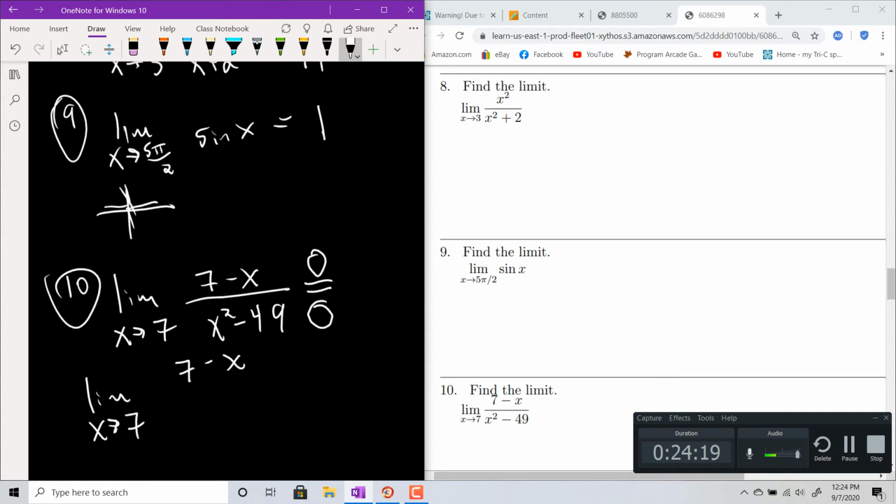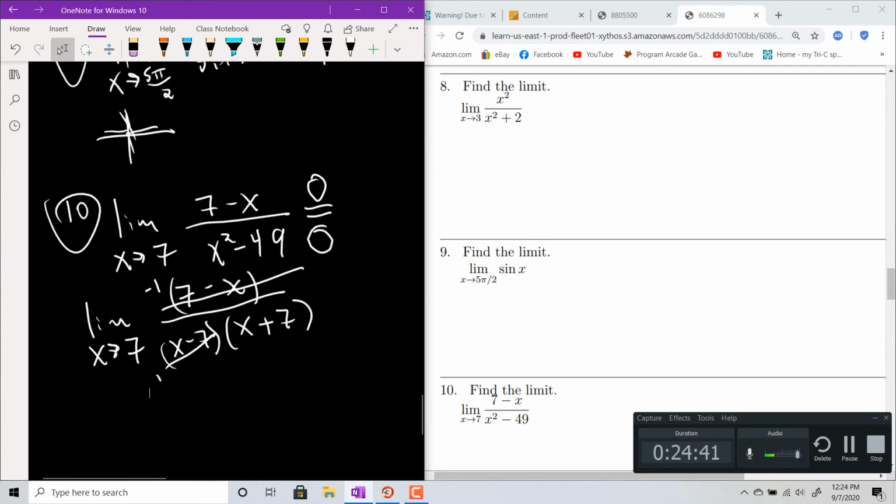The way we do these is to do some algebra. So we factor the denominator. That's x minus 7 times x plus 7. This is where it's a little tricky, because you can remove these factors, 7 minus x and x minus 7, so long as you realize that's the same as negative 1 over 1. Those are opposite factors, like 5 and -5 are opposites. If you add them together, you get 0.